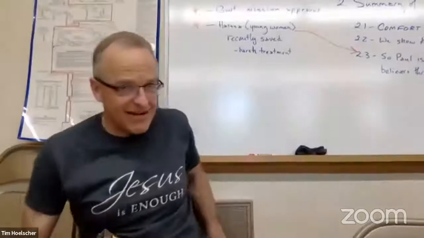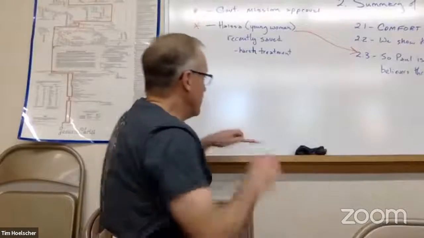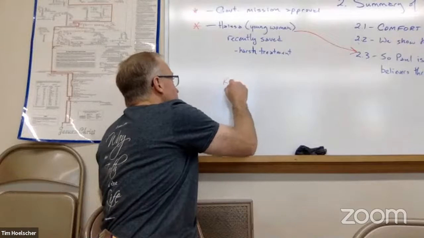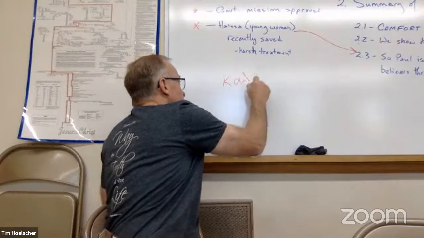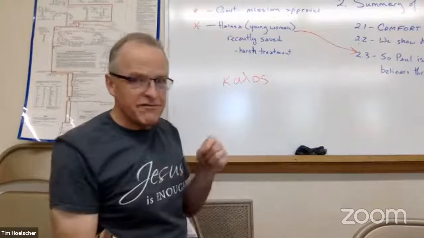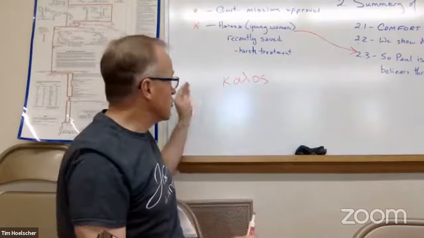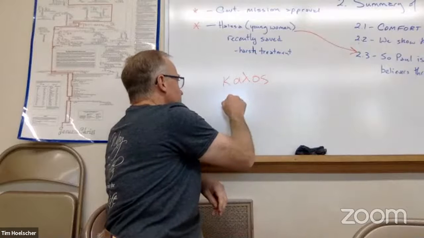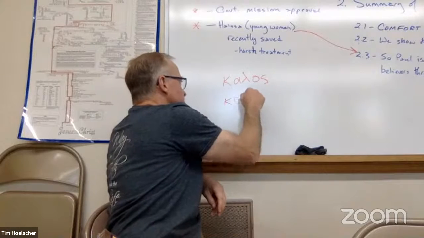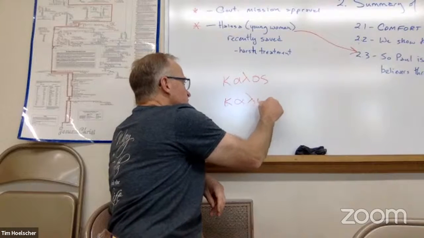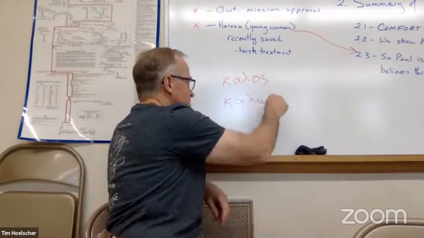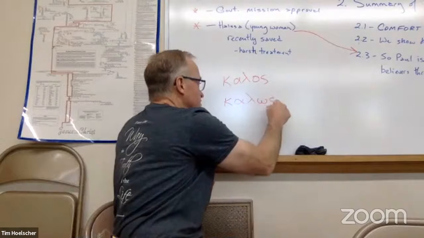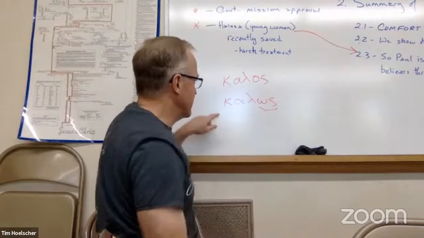I'm thinking of the ending. So we have here kalos, the adjective for good or beautiful. And if we drop this at the end, change the end to, well, what they're suggesting is a little bit different change, but you add this os ending, which is the adverbial ending.